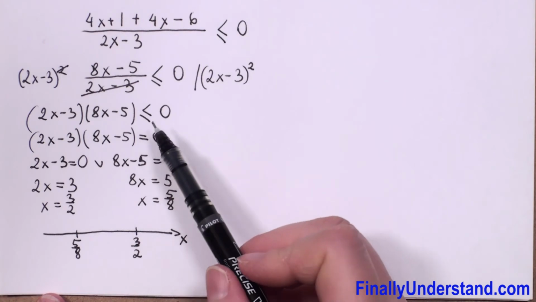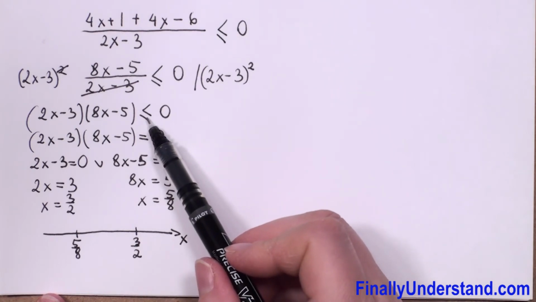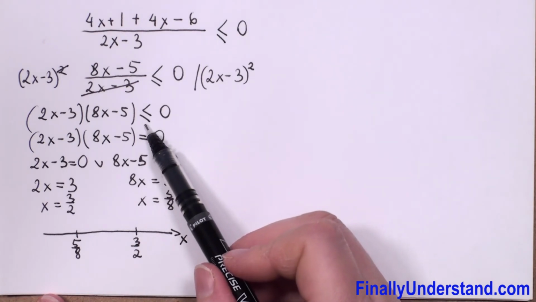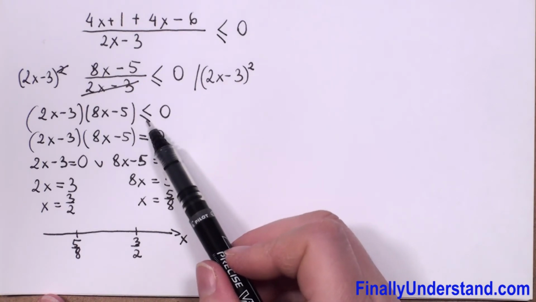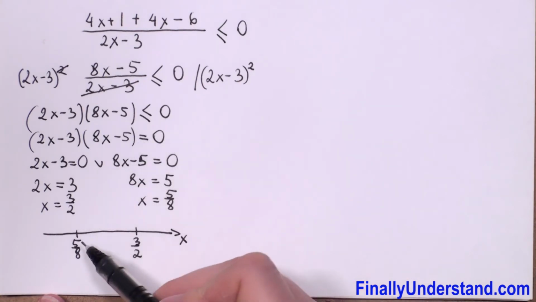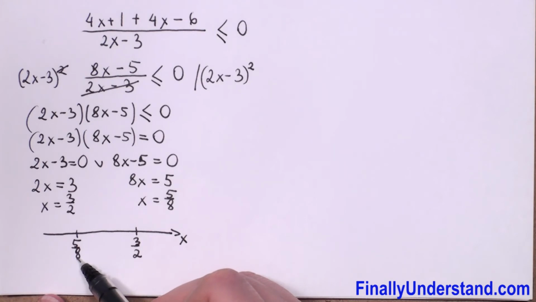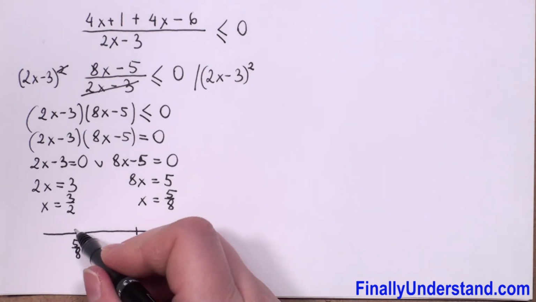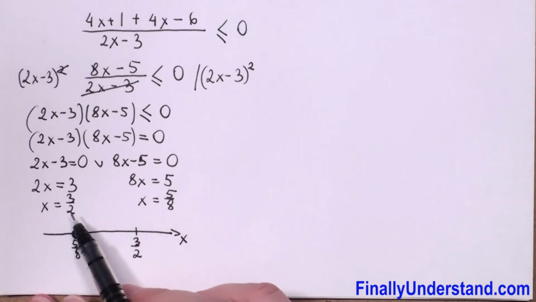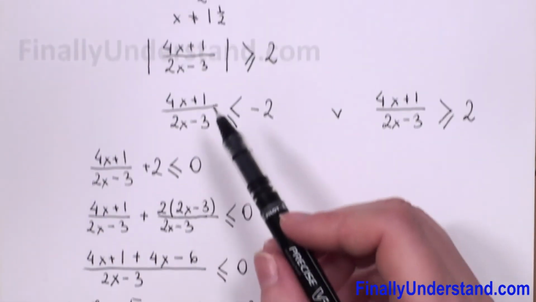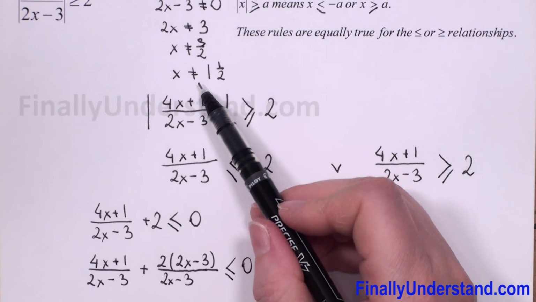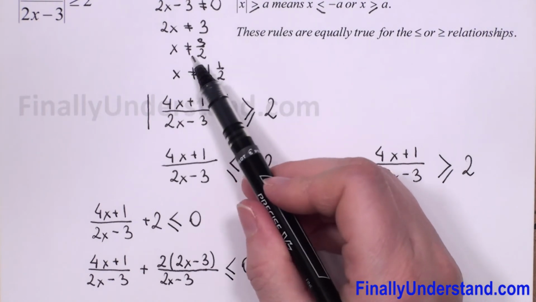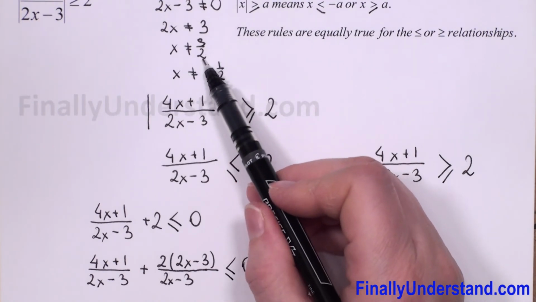Now we go to our inequalities. We have sign less than or equals. It means 5 over 8 will be included. And remember about our domain. From domain, we have x must be different than 3 over 2.